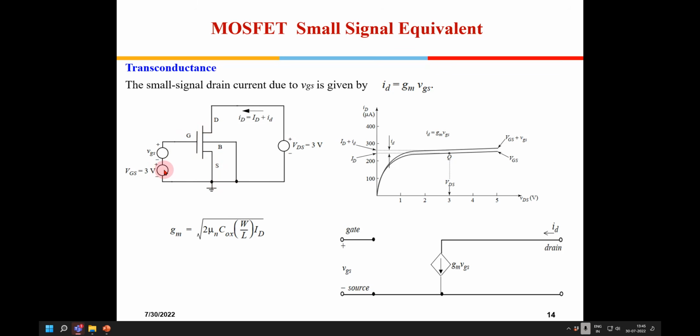If I don't give the DC signal here for biasing, there is no operation. So when I say small signal, it is the AC signal. Now for the change in AC signal, what is happening? When I say large signal, it is the DC signal, that is the biasing and operating point signals.